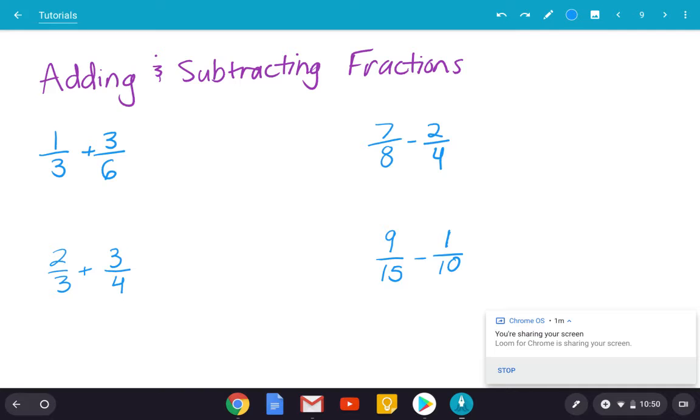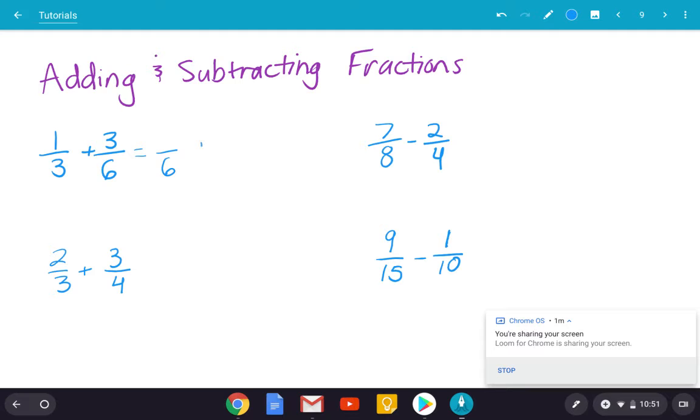If you're having trouble with this, you could list out the multiples of 3: 3, 6, 9, 12, and the multiples of 6: 6, 12, 18. I don't even have to go very far because I realize that 6 is the smallest one that's on both lists. Some people may not need to do that if you feel like you're pretty good at finding common denominators, but if you need to, that's a really good strategy. So our least common denominator is 6.